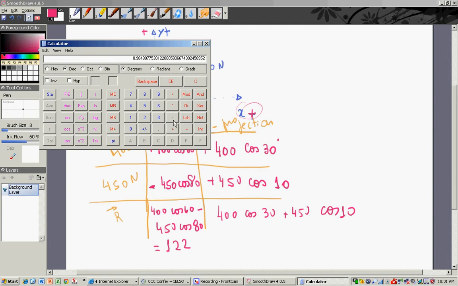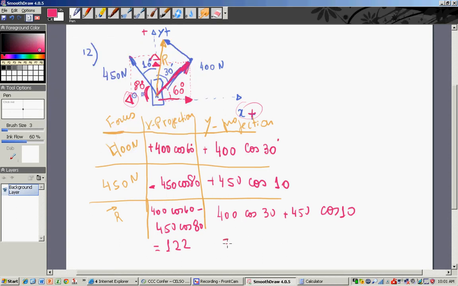And for the other one, 450 times cosine of 10 plus 400 times cosine of 30. Okay, 790.